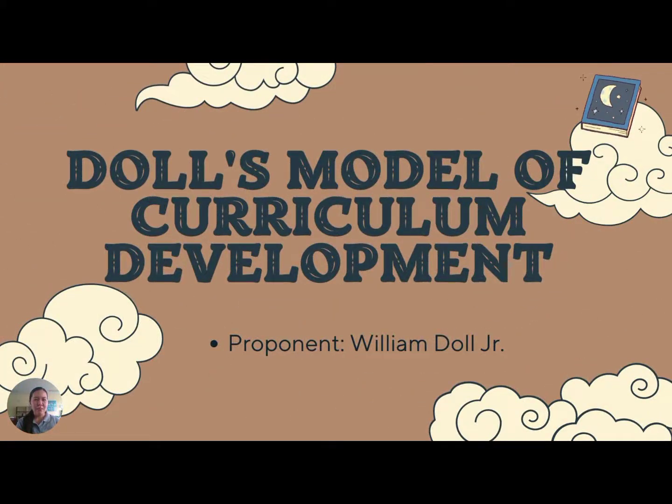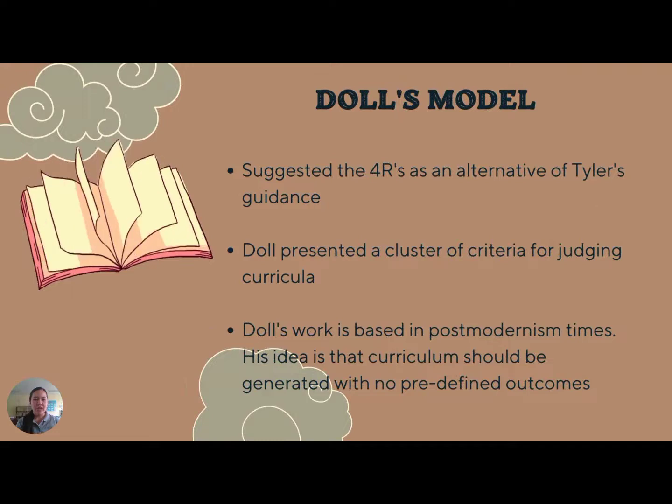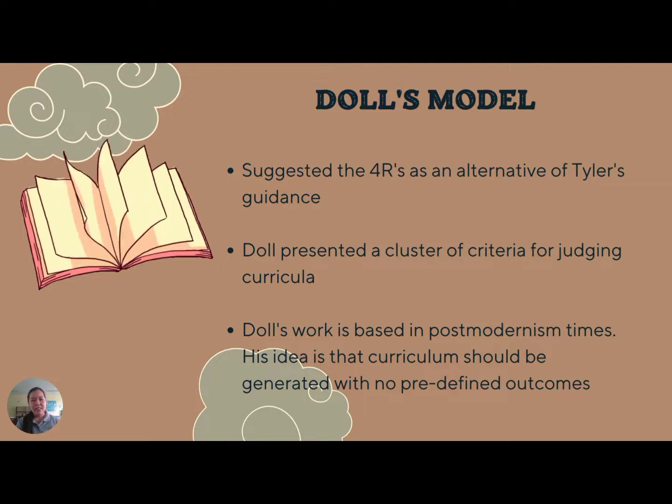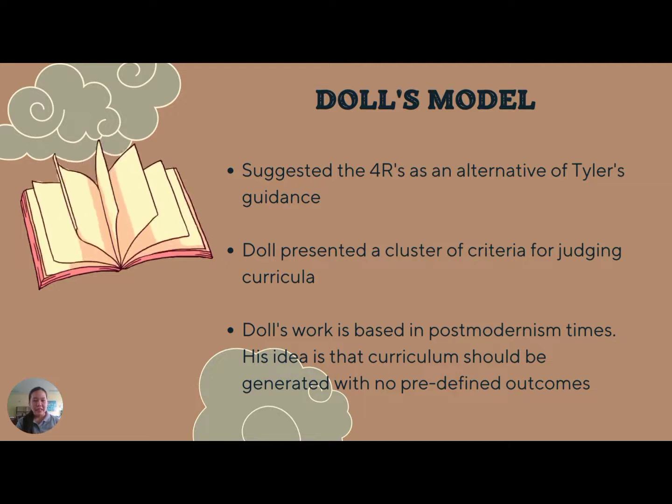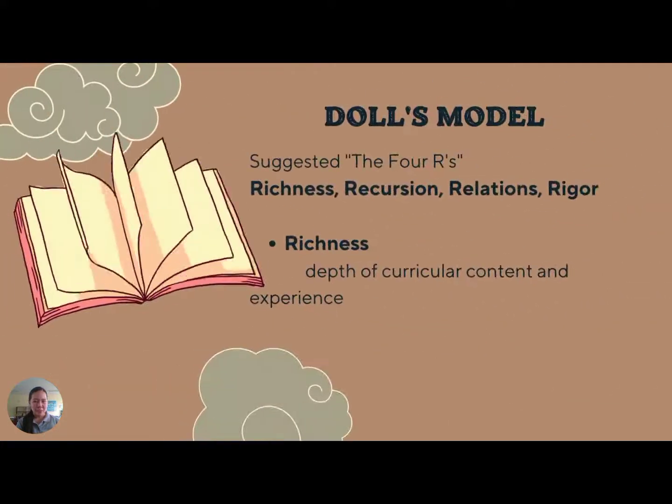And the last one, we have the Doll's model of curriculum development, which was proposed by William Doll Jr. William Doll actually suggested the 4 R's as an alternative to Tyler's guidance. Doll's work is a cluster of criteria for judging curricula, and it is based in postmodern times. His idea is that curriculum should be generated with no predefined outcomes.